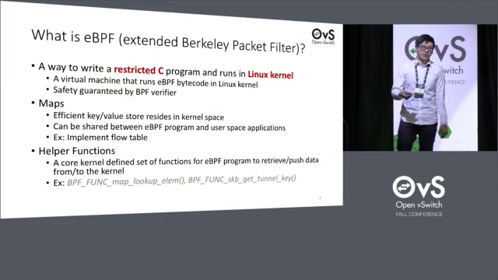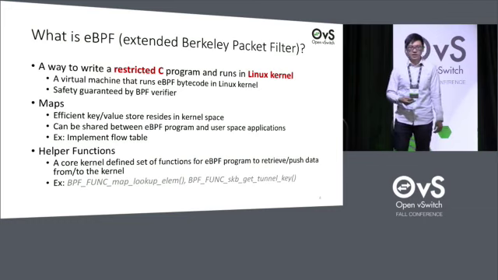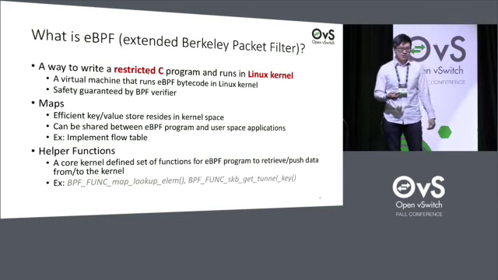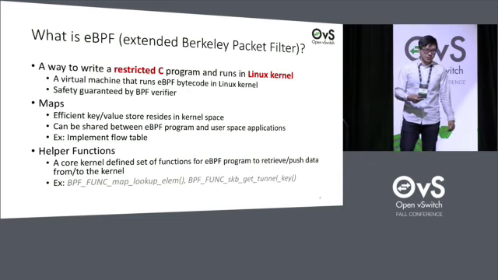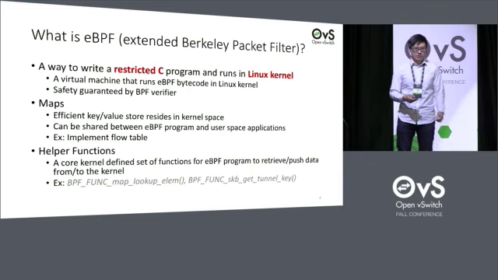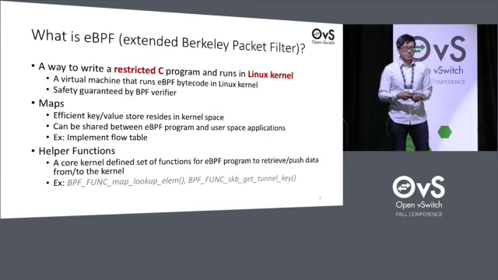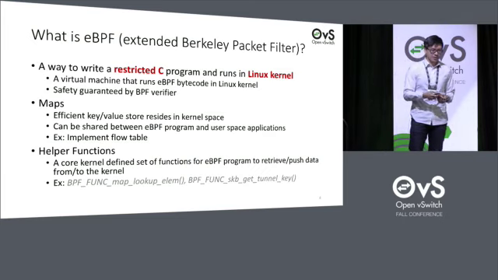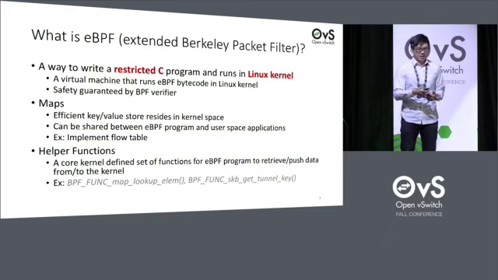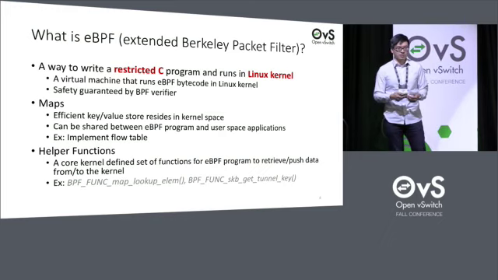And then the eBPF program in the kernel can look up the eBPF map to do, say, a flow lookup. The other mechanism is called helper functions. Helper functions are a set of predefined functions for an eBPF program to get and push data from and to the kernel. For example, the map lookup element helper function can be used to look up an element in the eBPF map.